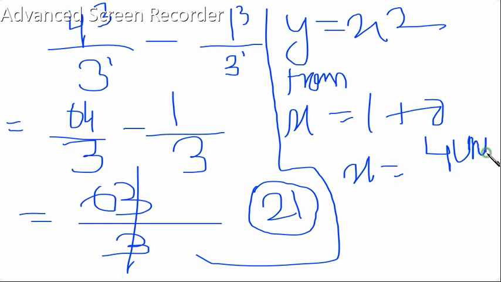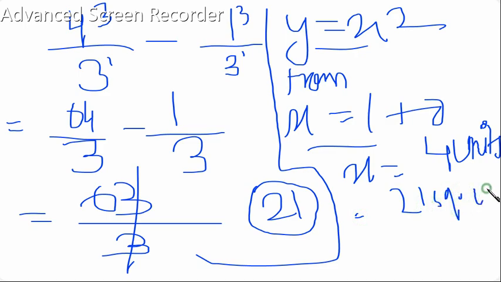So the area under the curve is simply 21 square units.